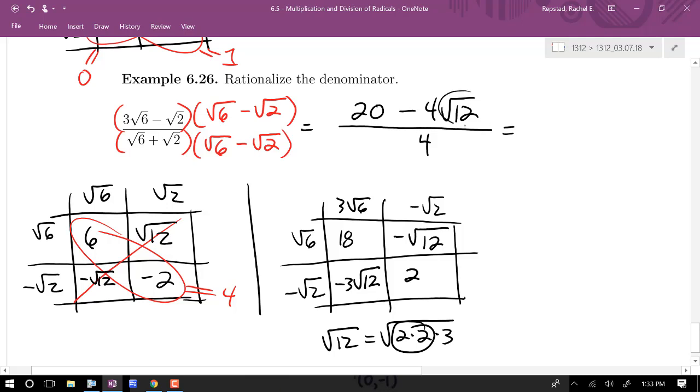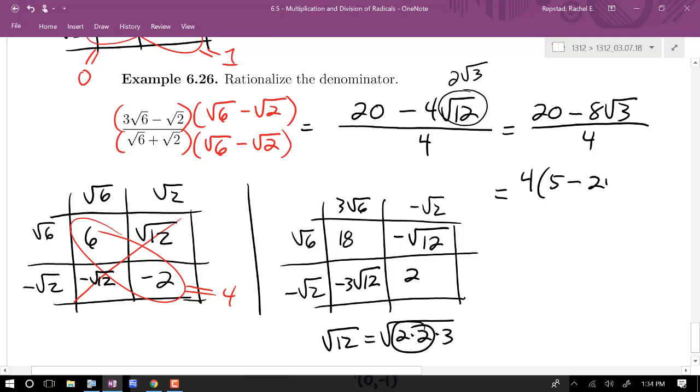So this guy here is 2 root 3, which means we can write this as 20 minus 8 root 3. Can you simplify more? Yep. I'm going to factor out a 4 from the top. So we have 5 minus 2 root 3 times 4 up top. Of course, we're dividing this whole thing by 4, and those guys cancel. And we get a nice result.